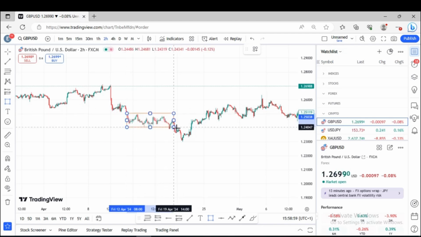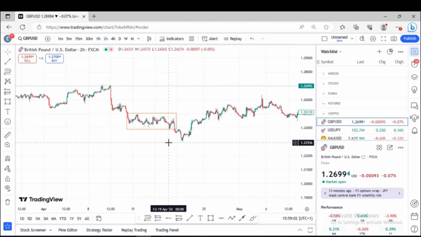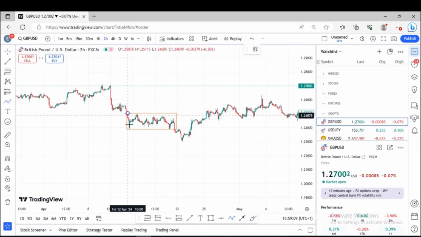At this point, can you see that it's neither going up nor going down? So here it's neither going up nor going down. From here it moves up, goes down, goes up, comes down, goes up, comes down, goes up, before it finally breaks this point.